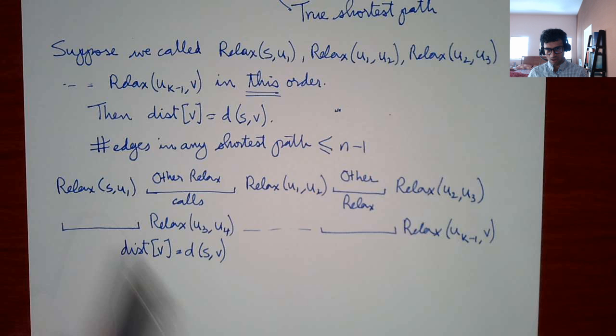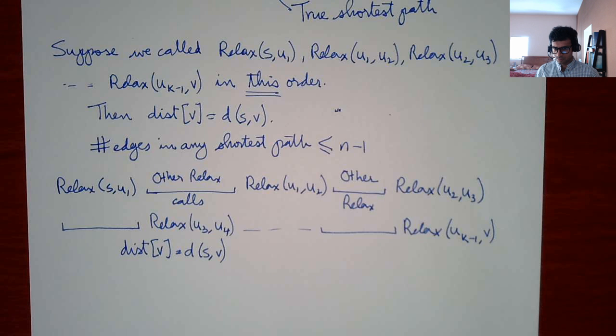Okay. So in my head, this is what I have. If you have an opposite facing C, and you join both the corners, that C is U1, U2, U3 till U(k-1), and the opposite sides are S and V. This is a shortest path.